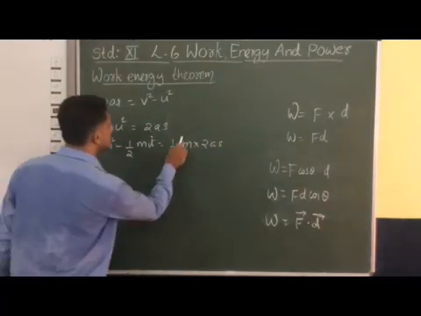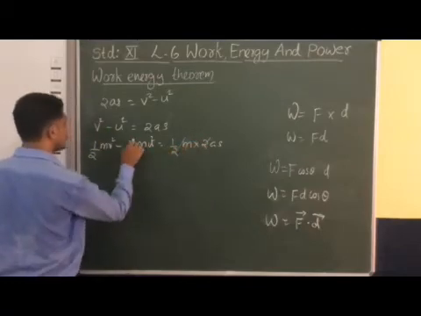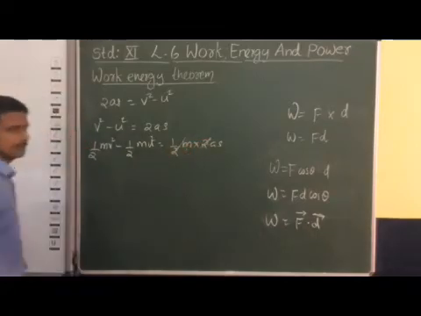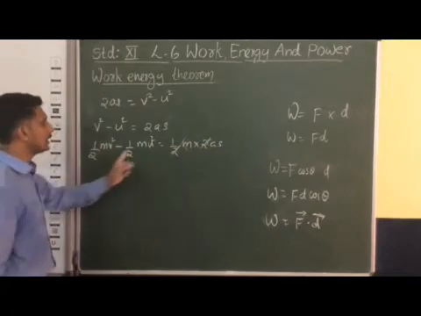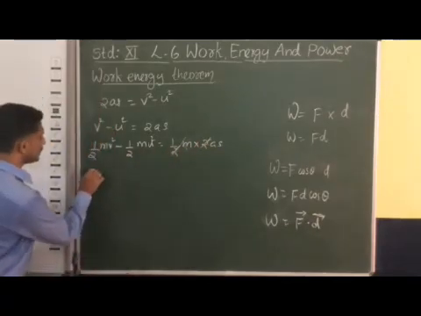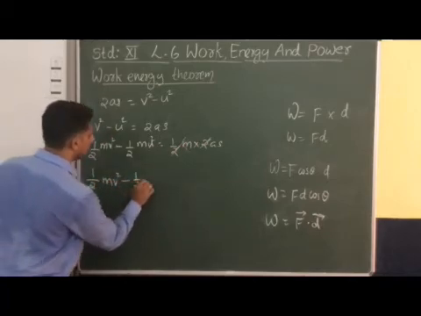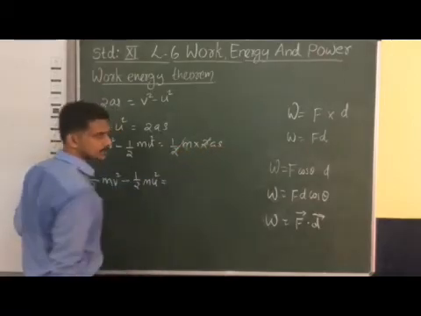Everywhere a half is there, so we can eliminate it, the 1 by 2 and 1 by 2. So our equation becomes half m v square minus half m u square is equal to m a s.